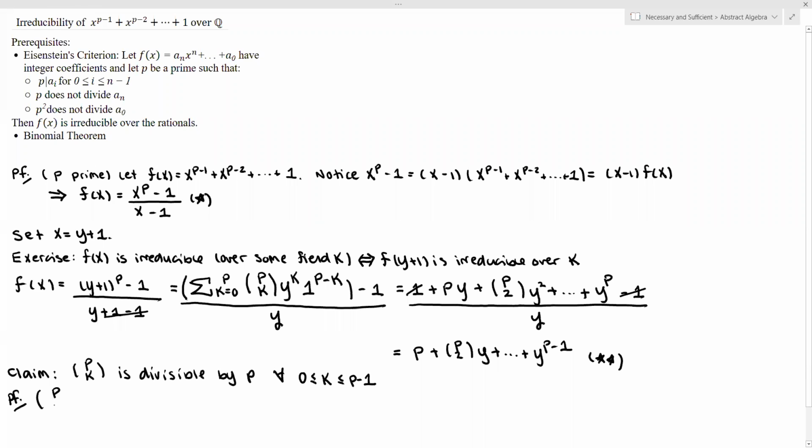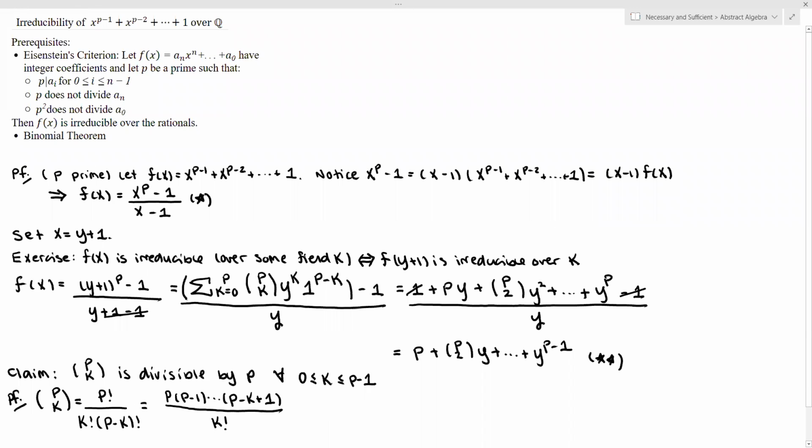We know that p choose k is equal to p factorial divided by k factorial times p minus k factorial. If we were to write out the numerator, this is p times p minus 1, dot, dot, dot. We eventually get to p minus k, and everything after that is wiped out. So we're left with p times p minus 1 times dot dot dot times p minus k plus 1, the term that comes right before p minus k, divided by k factorial.